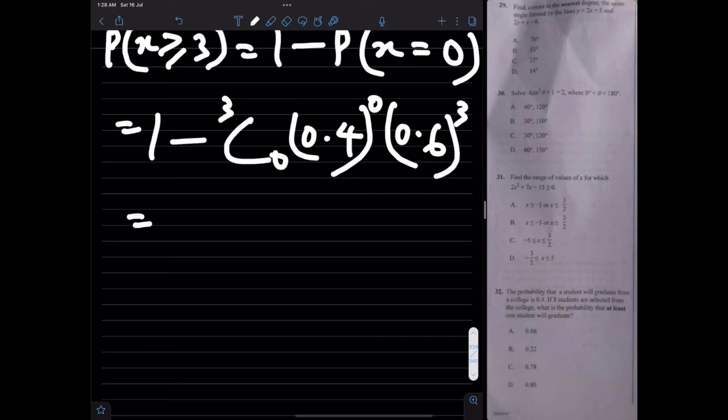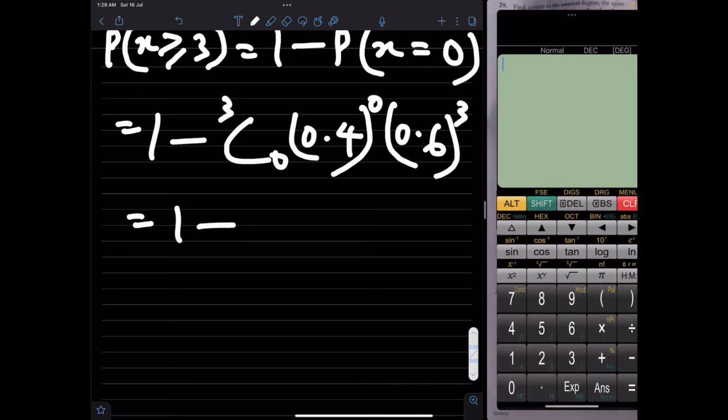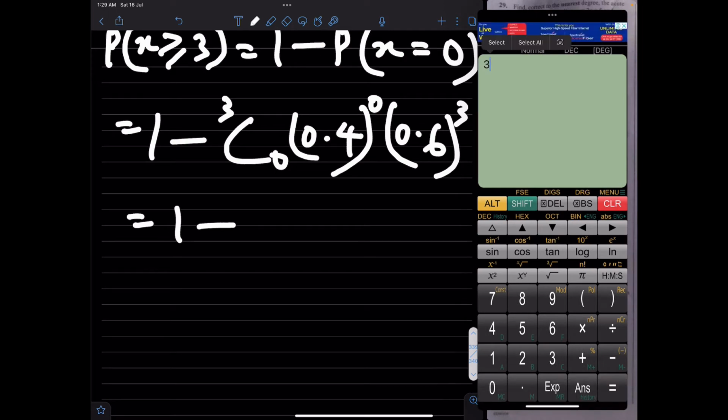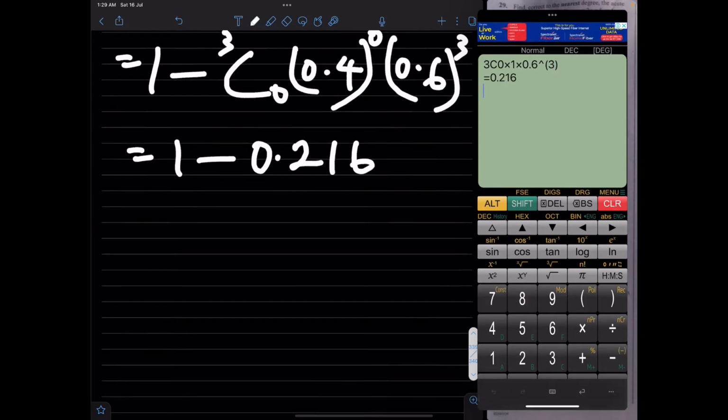And that's 1 minus, what's 3 combination 0? Let's check that. 3 combination 0 times 0.4 raised to power 0 is 1, times 0.6 raised to power 3, and the whole of that is 0.216.